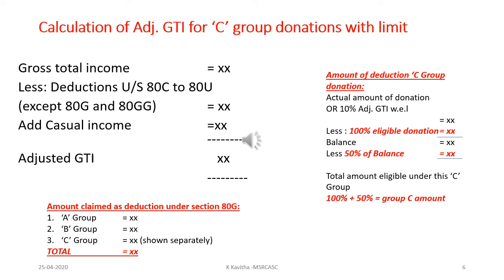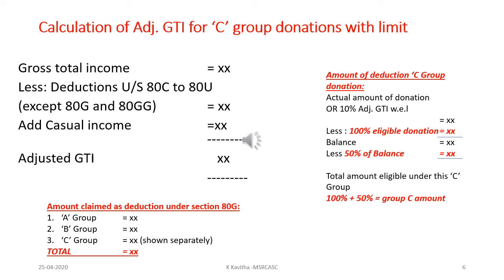Let us understand how to calculate adjusted gross total income for donations which come under the C group with limit category. We have the gross total income of 5 heads of income. From this we have to subtract casual income, long-term capital gains and short-term capital gains with STT, and also deduct all the deductions from 80C to 80U except 80G and 80GG if you have in the question.